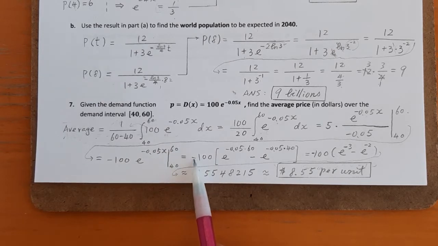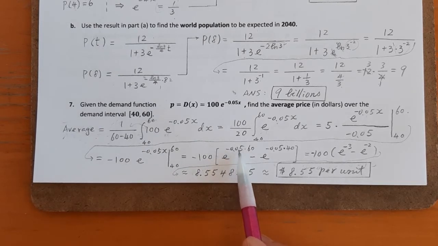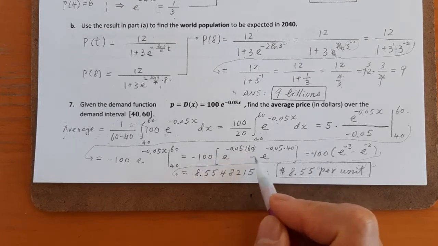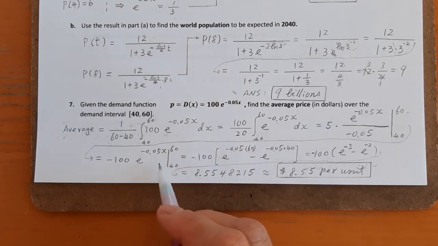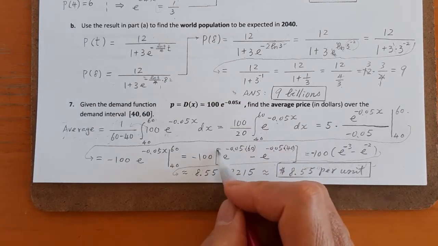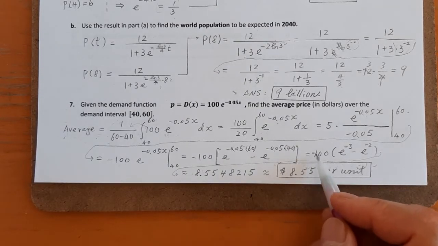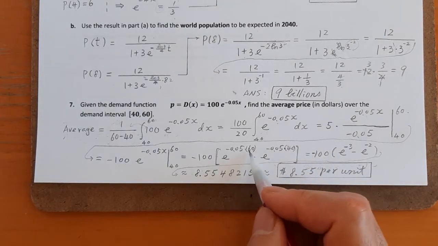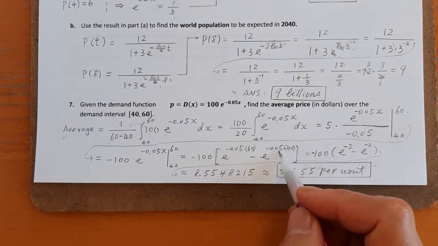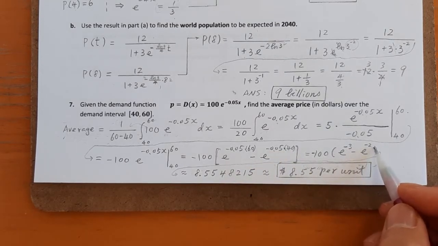So you get negative 100, and plugging in x equals 60, e to the power negative 0.05 times 60 minus e to the power negative 0.05 times 40, in parentheses. Then equal negative 100 times e to the power negative 3 minus e to the power negative 2.